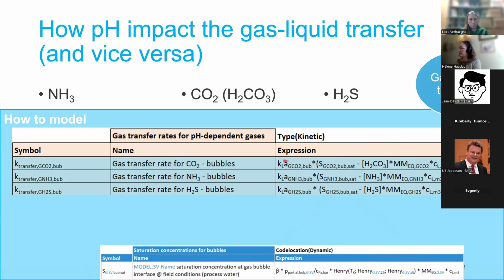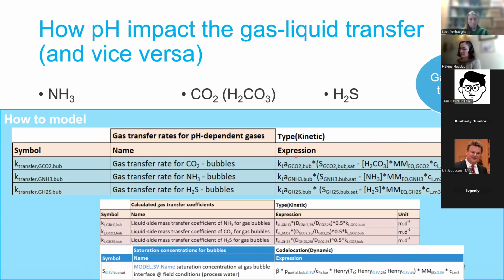And this gradient is multiplied by a rate, which is the liquid side mass transfer coefficient that depends on the oxygen transfer rate. So this is exactly the same type of equation as for other gases, not pH-dependent gases, except that here you can see that it's the species and not the whole components that will be stripped.